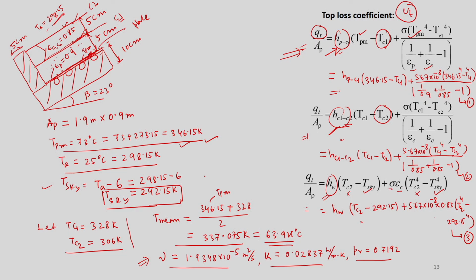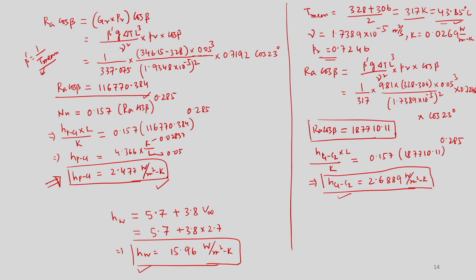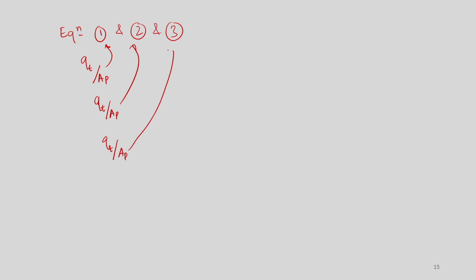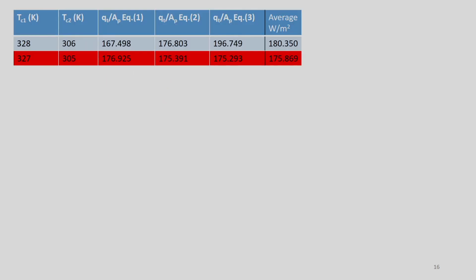So, if we use equation 1, then 2 and 3, we have already done it: Q t by A p for this equation, then Q t by A p for this equation, then Q t by A p for this equation. This expression is known to us. I have already done the calculation, and if you substitute those values, we will get something like this.